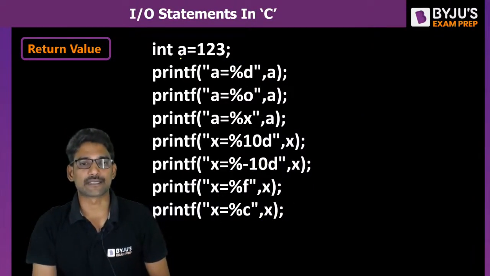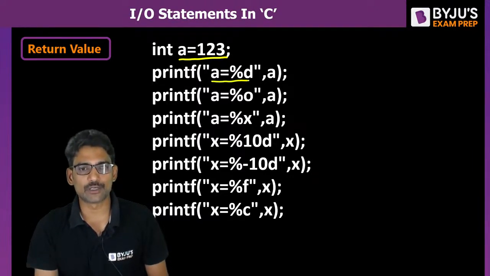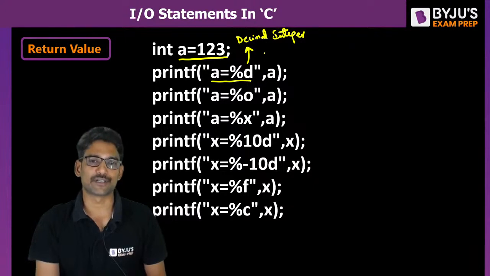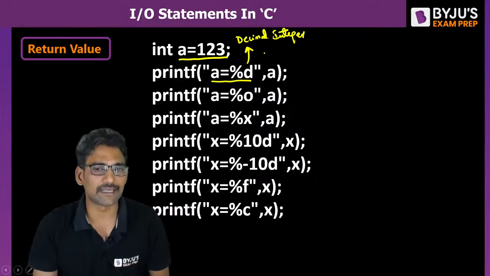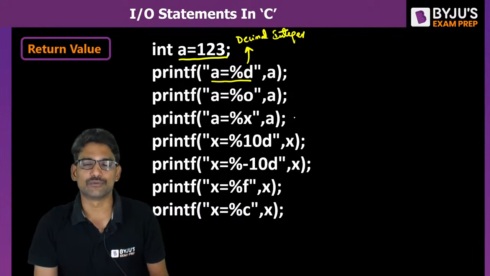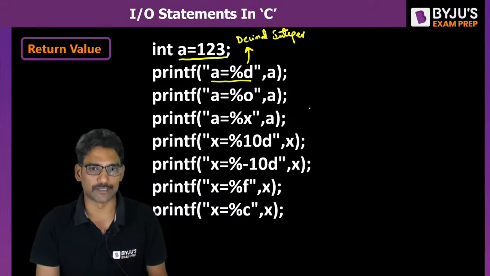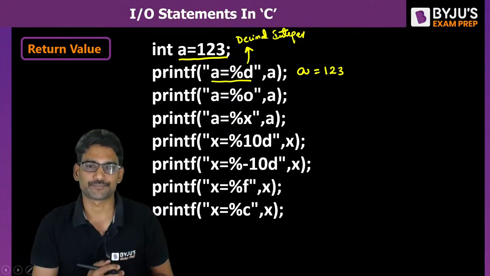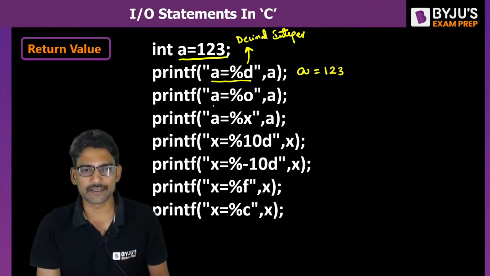I have given a equal to 123. Print a equal to %d, comma a. So d stands for what here? Decimal integer. By default, the number is treated as decimal only. So you will be getting 123 only. And I am writing a equal to %o.